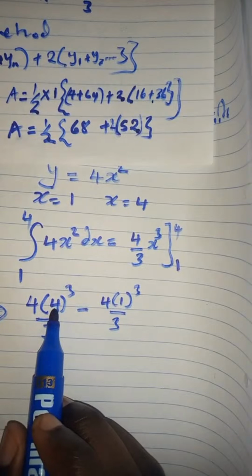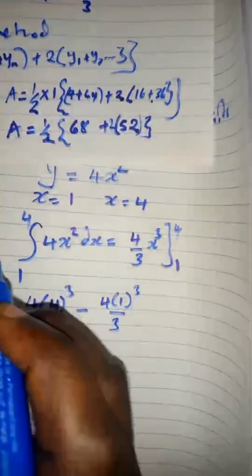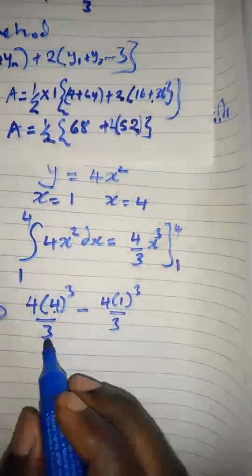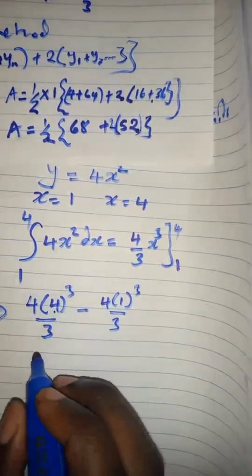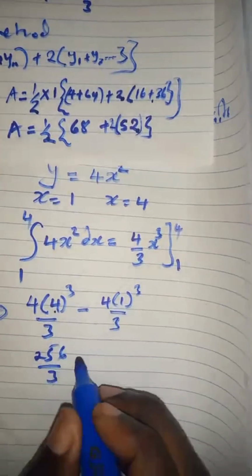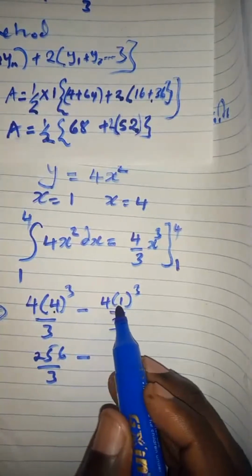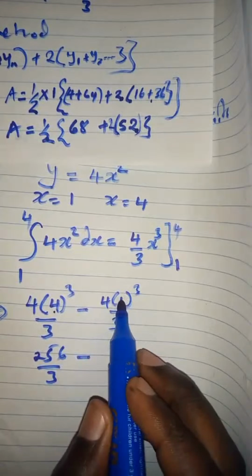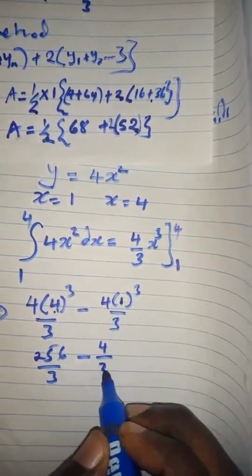If you take 64 times 4, you get 256 divided by 3, minus, this side I have 1 cubed is just 1, so it is 4 over 3.